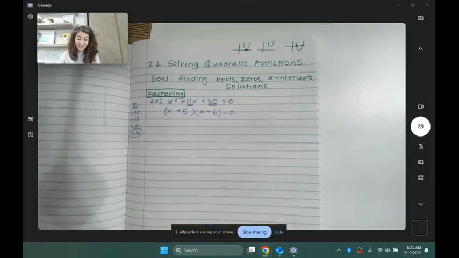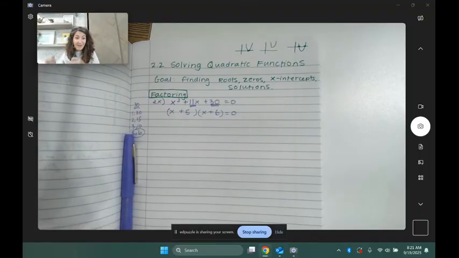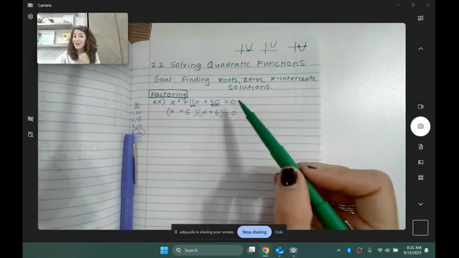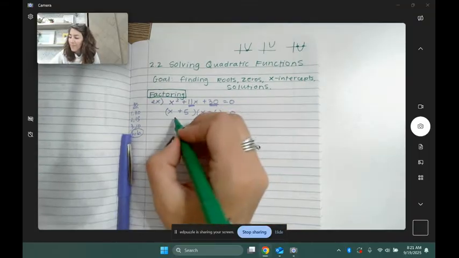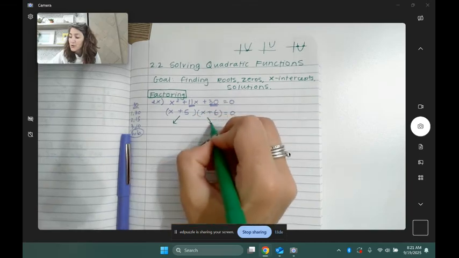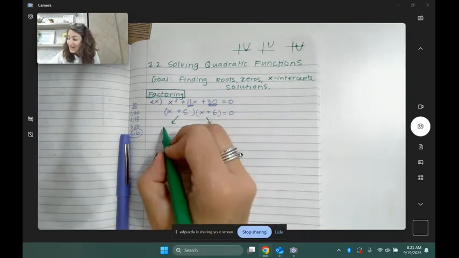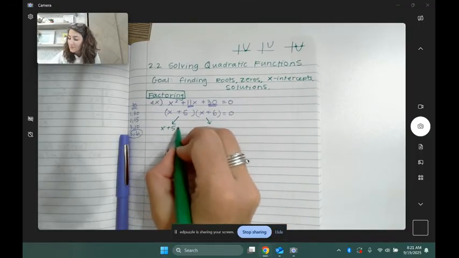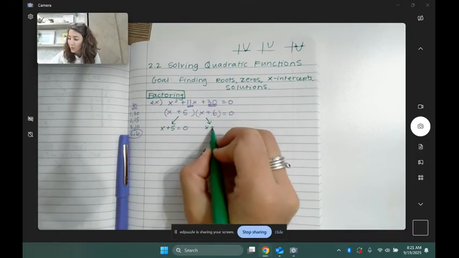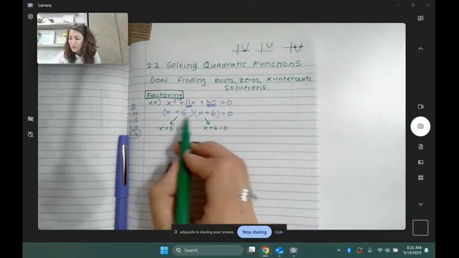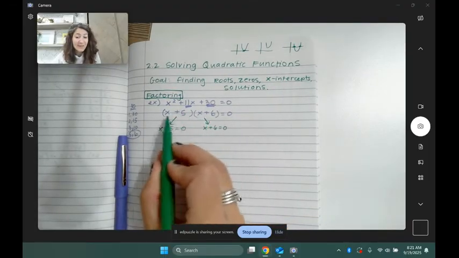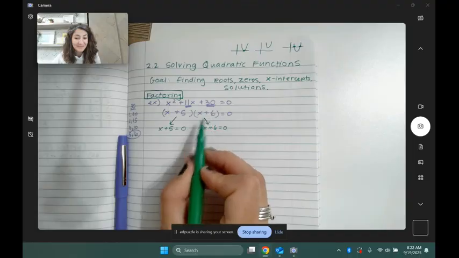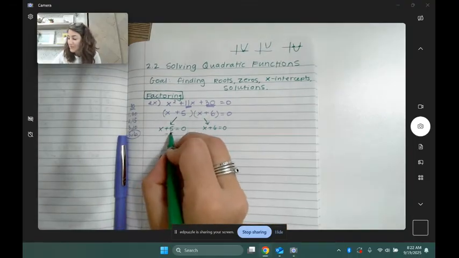So you can kind of tell a lot from this function right now, like where my roots are, what my intercept is, things like that. But in order to solve, which is what we're doing today, I want to see what x has to be, so my solution here will be 0. And since these two things are multiplying, either this one has to equal 0 or this one for the solution to be 0.